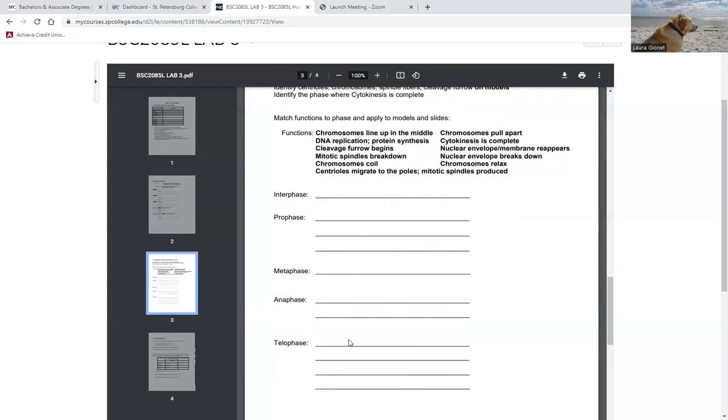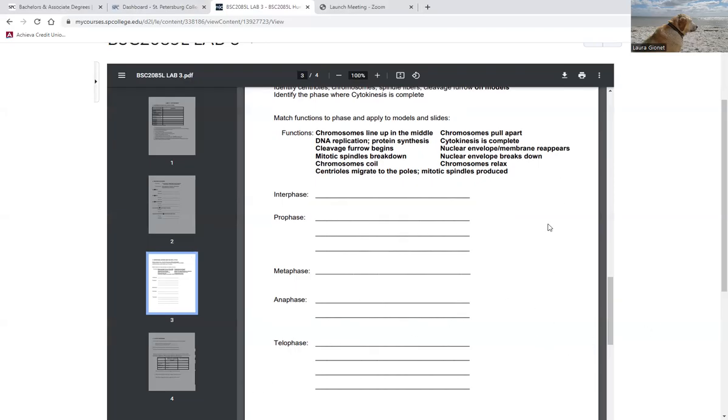Okay, telophase. The 3 things that happen in telophase are the opposite 3 things that happen in prophase. I guess that's articulated a little better.